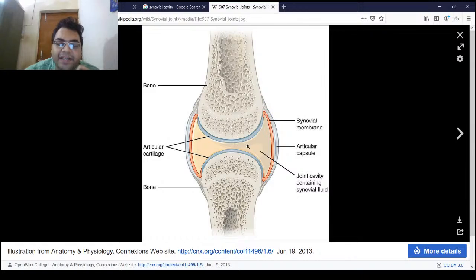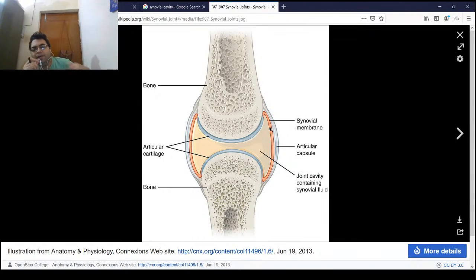This is the fluid which doesn't let the cartilages come into contact when you move your knee. The synovial membrane is responsible for production of synovial fluid. If you take immunology or orthopedics, you will learn how the synovial membrane produces synovial fluid.